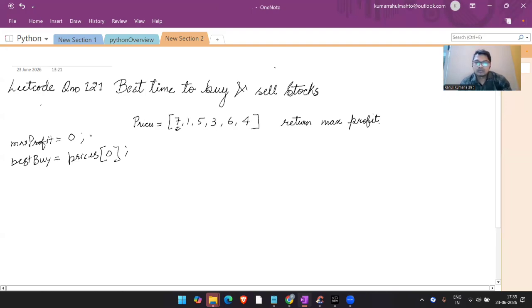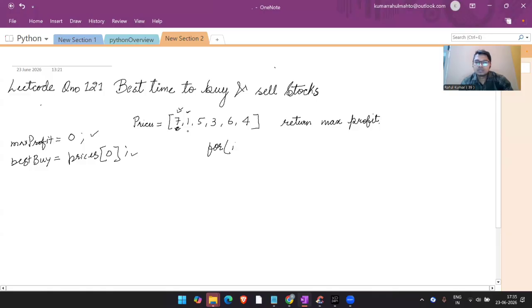Here I have defined 2 variables. And I will iterate a for loop, and suppose I have bought my stock here. Now I need to sell this stock. I can't sell on this particular day itself, I need to sell the next day. So I will iterate from here.